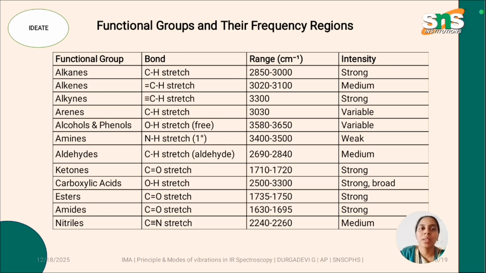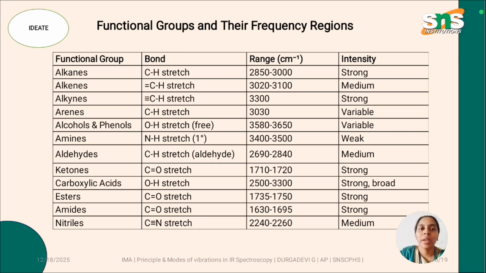This indicates that depending on the type of compound, groups or bonds present within the molecule, its absorption will also vary, and that is why the range is also different. In arenes, the absorption is at 3030 centimeter inverse.